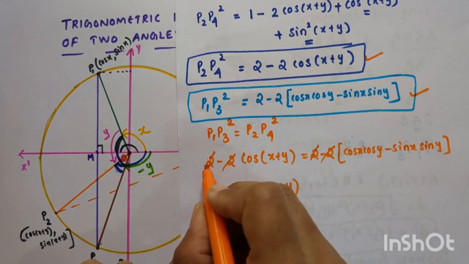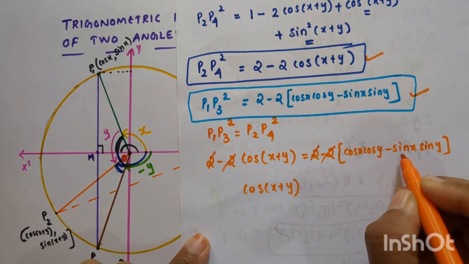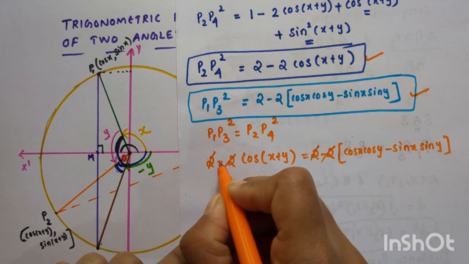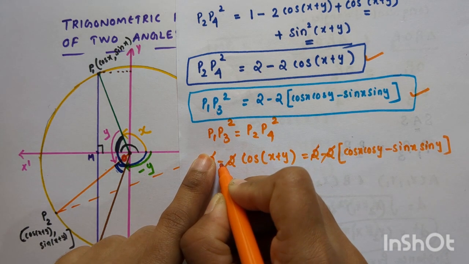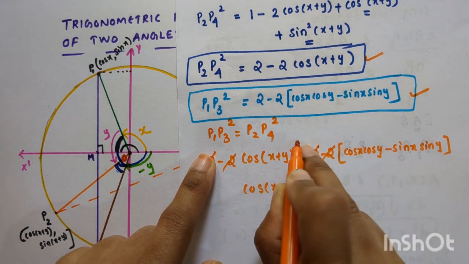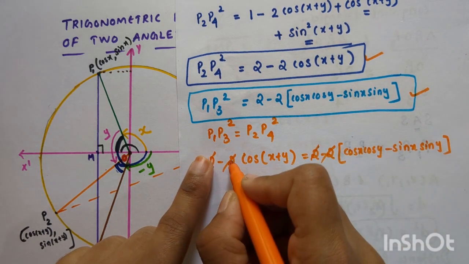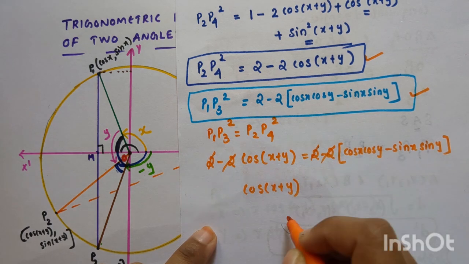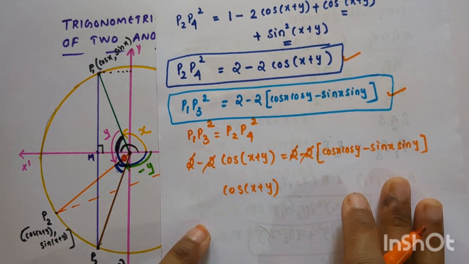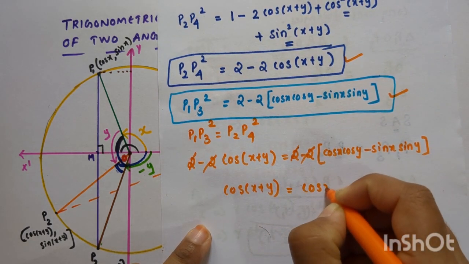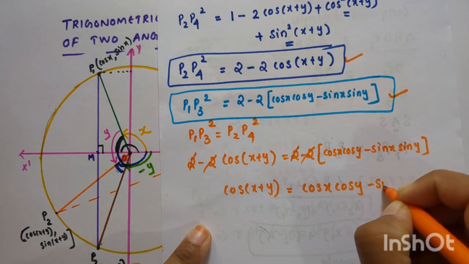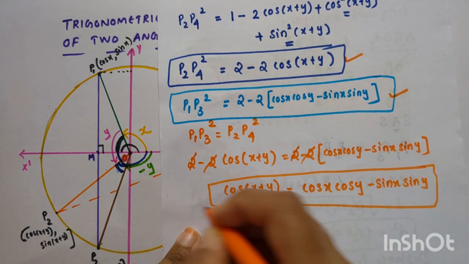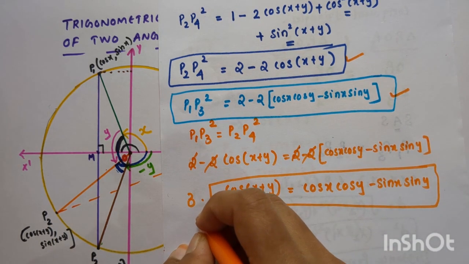So we have cos of x plus y is equal to cos x cos y minus sin x sin y. So this is the third trigonometric identity.